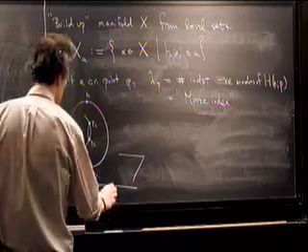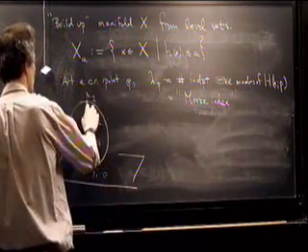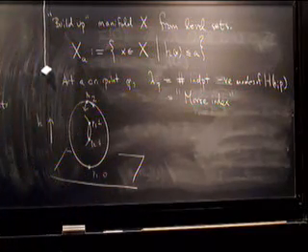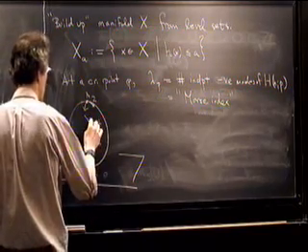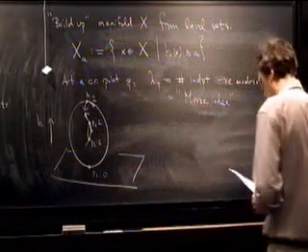And the Morse indices here are 0, 1, 1, and 2. Up here, there are two independent directions that we can go down. Here, there's one direction going down and one direction going up. And similarly, P2 is also a saddle point.